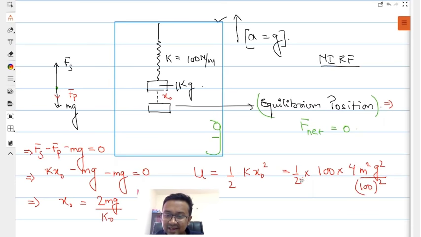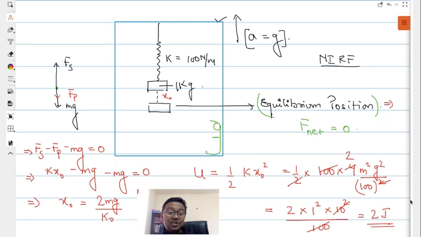This will go 2 times, and 100 will go 1 times. So overall, with mass 1, that is 2 into 1 square into 10 square upon 100. This and this are going to get cancelled. So that is 2 joules. So the potential energy in the reference frame of the elevator is 2 joules.